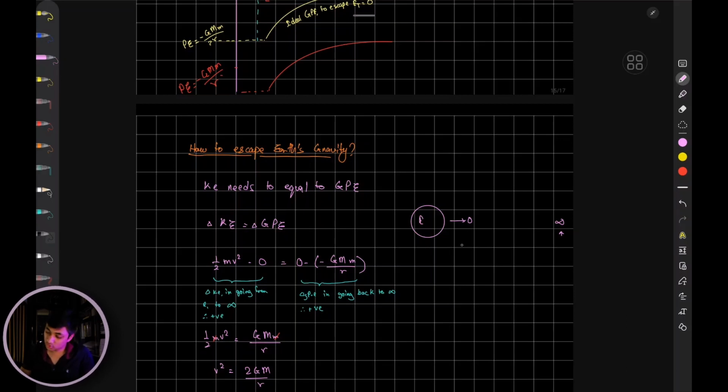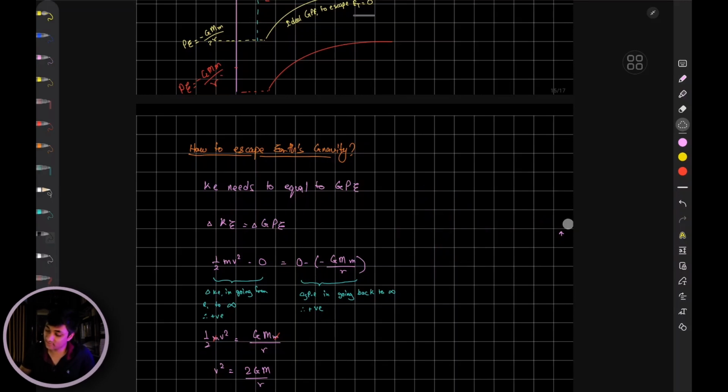Meaning, it needs to have enough kinetic energy, half mv squared, to work against the attractive gravitational fields. It will work against those fields, against all odds, and it will be free.